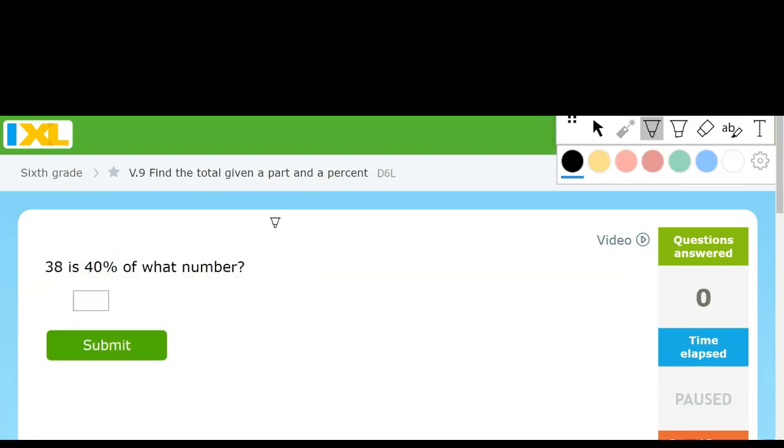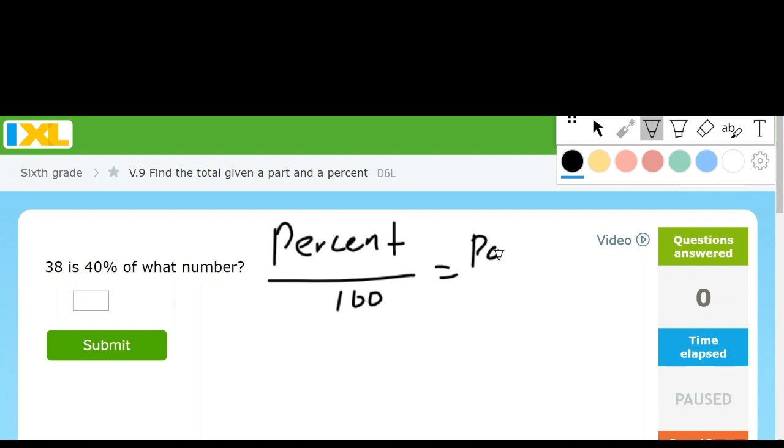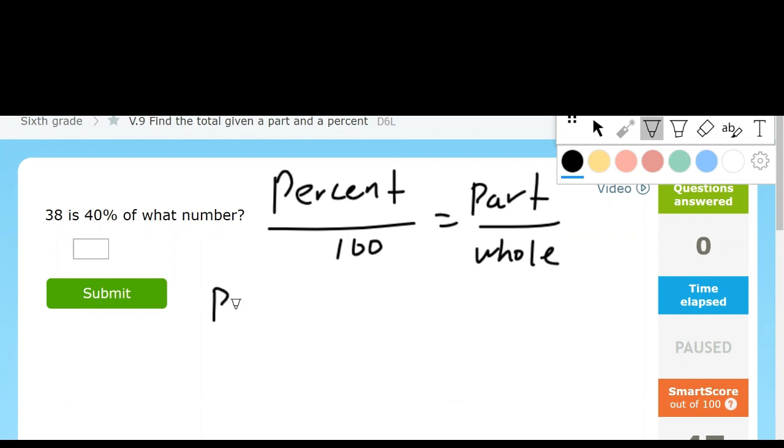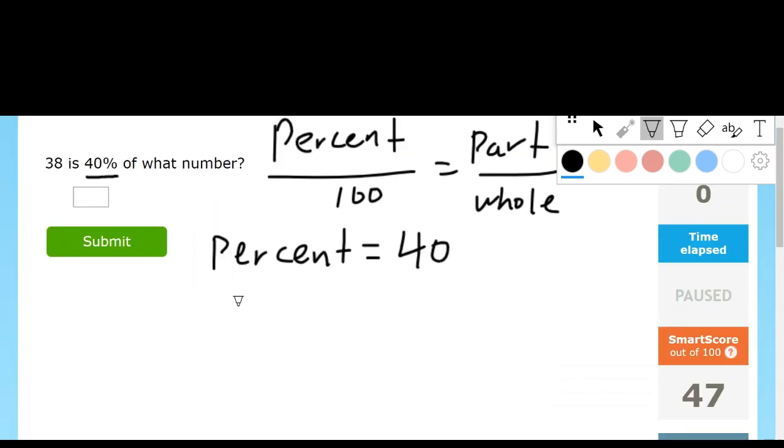Here's another problem. Again, we're going to start by writing out our proportion here. Percent over 100 equals part over whole. I'm going to make a note of those on the side. Percent, do we know what that is? Well, the problem tells us 40%, so that is my percent here.